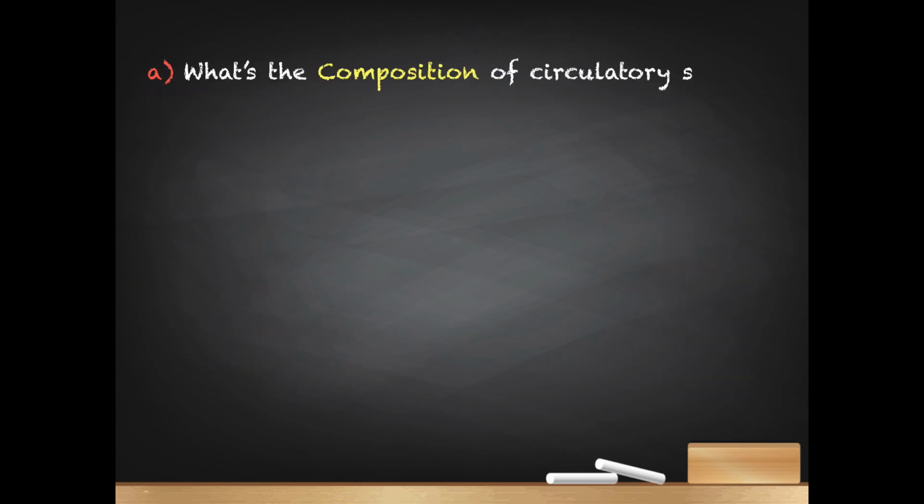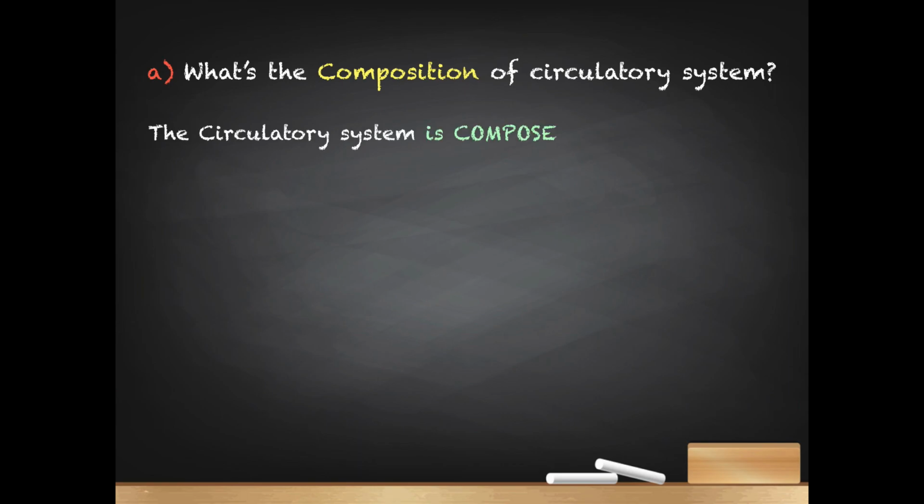Now we are going to see the composition of the circulatory system. I'm sorry, this is not an A, okay? This should be a B, letter B, not A. What's the composition of the circulatory system? The circulatory system in our body has three main elements.